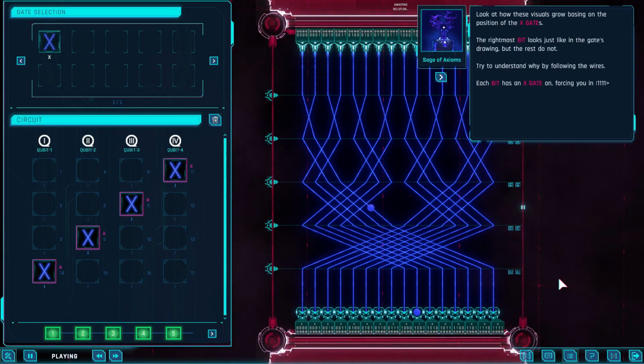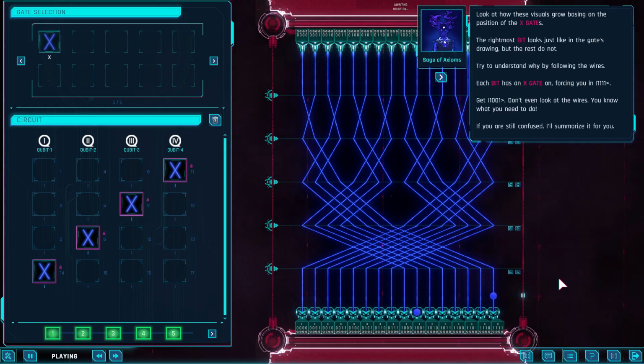Now we have 4 qubits in the forge, and currently the X gates flip all 4 bits from zeros to 1, and we want to change this so that only the outer 2 bits are flipped and not the inner 2 bits.